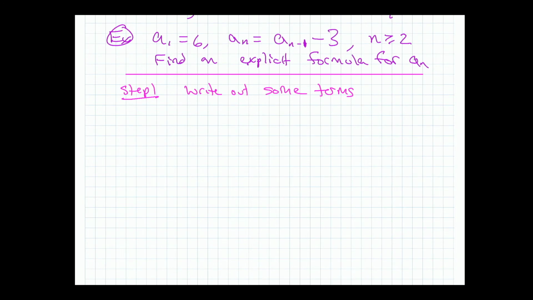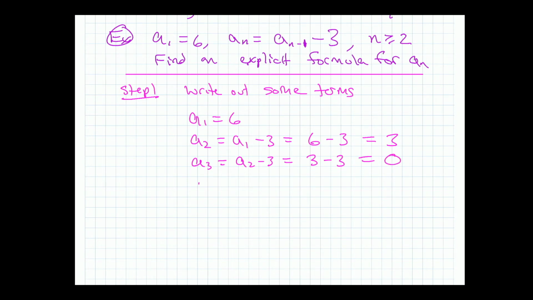All right, so you should go A1 equals 6. A2 is A1 minus 3, which is 6 minus 3, which is 3. A3 is A2 minus 3, which is 3 minus 3, which is 0.